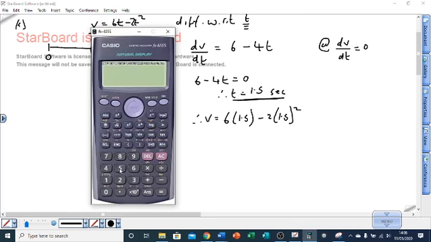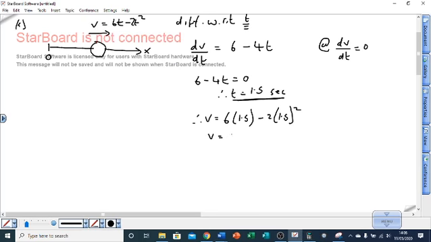So I've got 6 times 1.5, close brackets, minus, open brackets, 2 times 1.5 squared, close brackets, equals. So maximum v is 4.5 meters per second, and that's the answer that they want.